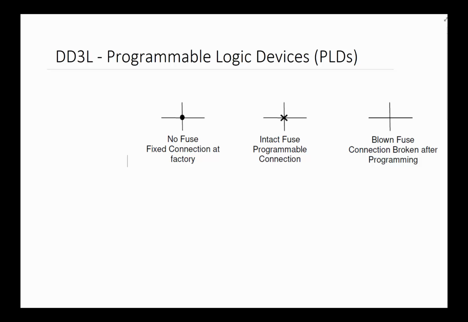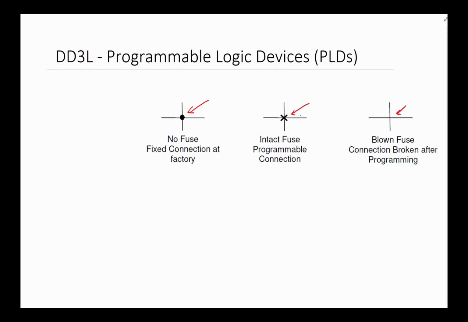For example, you could have this kind of fuse, which basically is unchangeable. This is a fixed fuse, fixed in the factory, which means we cannot change it for our circuits. But on the other hand, we have this kind of fuse, which is represented by an X on the junction, and we can either leave it intact or blow it, as is shown here.